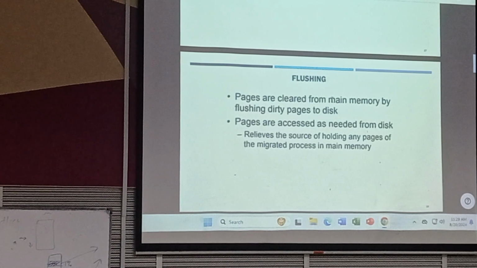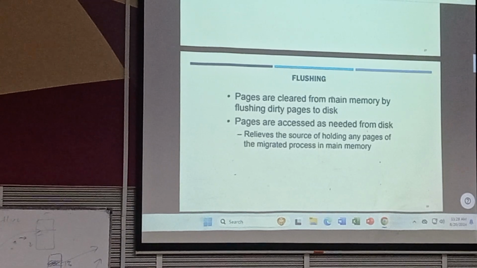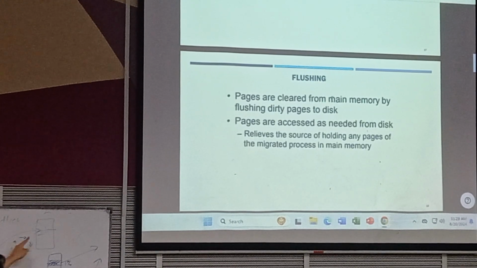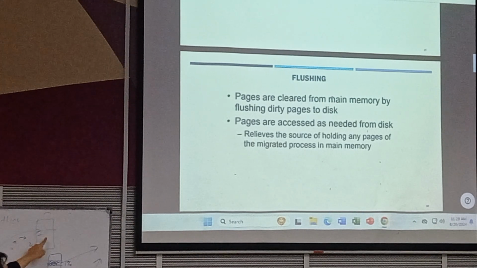Instead of loading it back into this virtual memory, you load it into the other machine's virtual memory, and then you run there. This one is a bit cleaner, right? Because you don't have enough memory, you save into here, and eventually you load it back, right? It's the same thing as loading it back here, just that you load into another machine rather than into your same machine. So this is flushing.